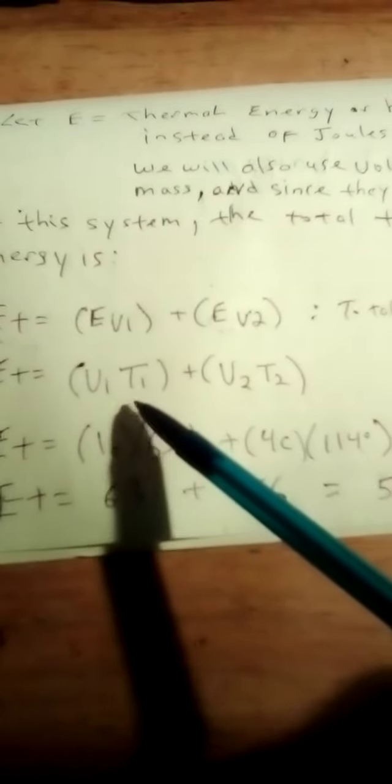See, total thermal energy available at the start is the energy in the first volume plus the energy in the second volume. Energy in the first volume is the volume times its temperature, and energy in the second volume is its volume times its temperature, the product.